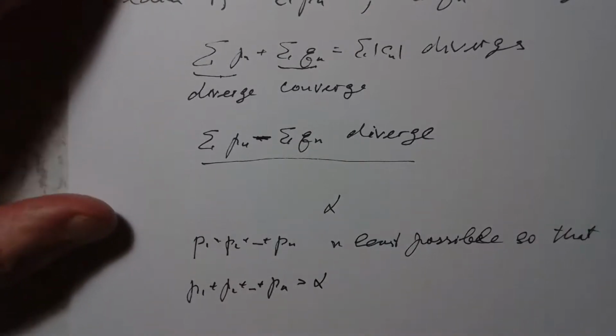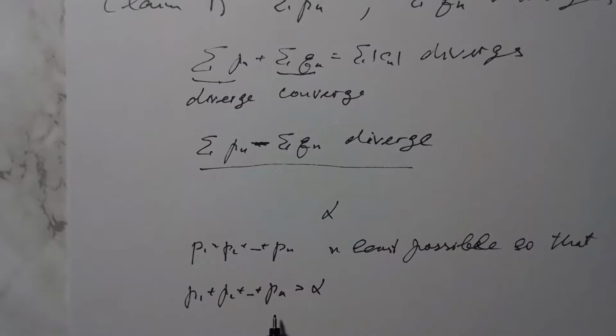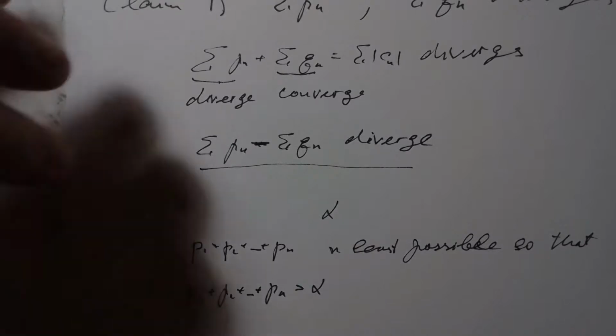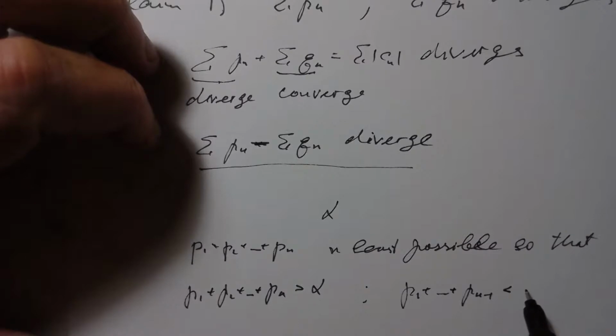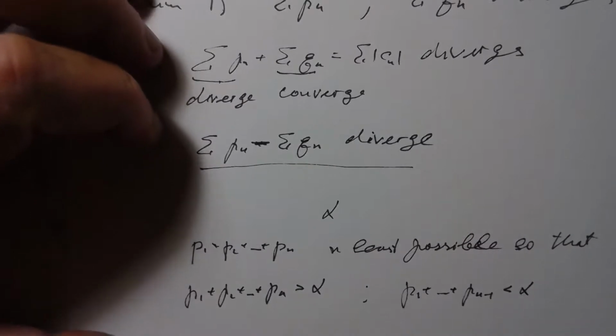Well, what do I mean by that? First of all, can I always do it? Well, yeah, the sum of p's diverges, so they tend to infinity, so I can always get them to be greater than any possible number alpha. On the other hand, what I will know is that p1 plus etc. plus pn minus 1 is definitely less than alpha. Do you agree with me?